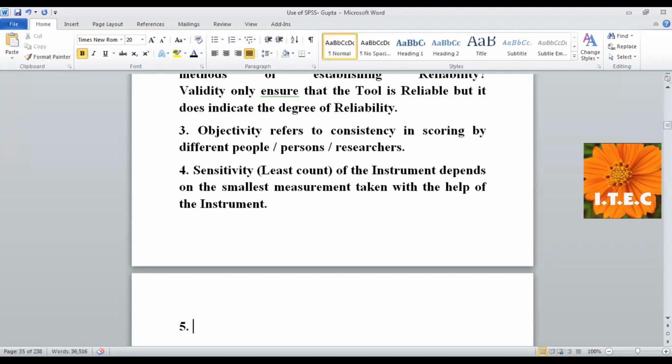Now, next is usability. That you should be able to know how a particular tool is to be used. If it is a thermometer, all of you know how to read the temperature on the thermometer.